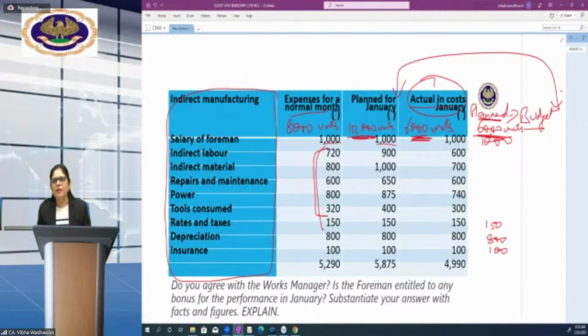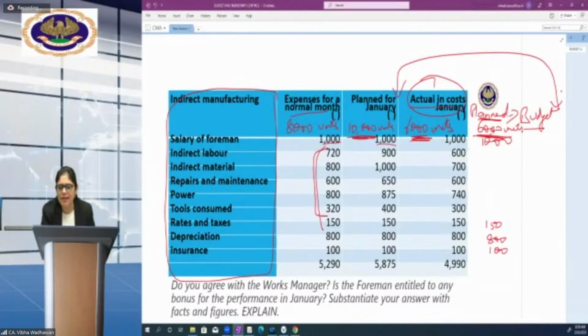If that per unit cost at every level is fixed, that means it's a variable cost. So the per unit variable cost must be constant if it has to be a variable cost. If the per unit cost is not the same for every level of activity, that means it must have a fixed proportion to it also. So let us start with indirect labor.